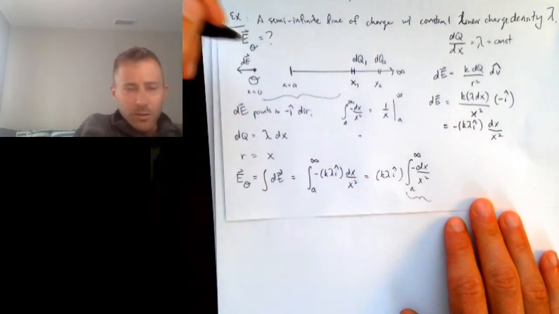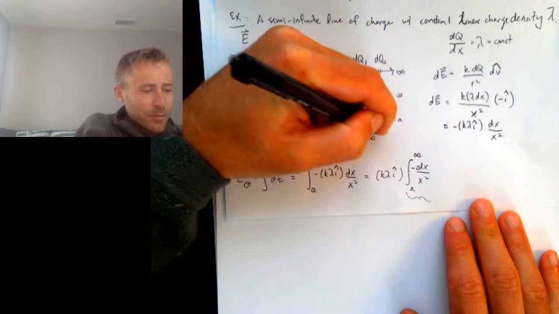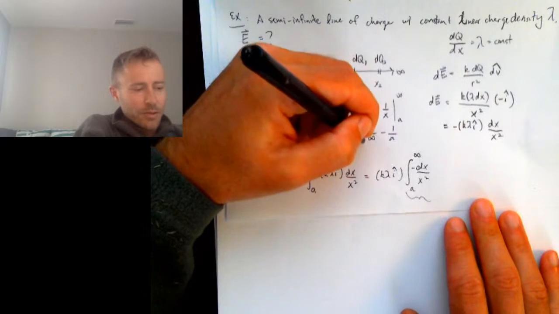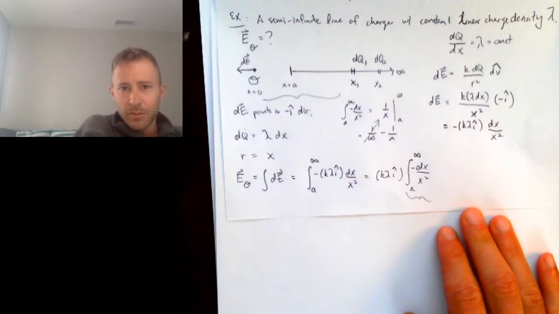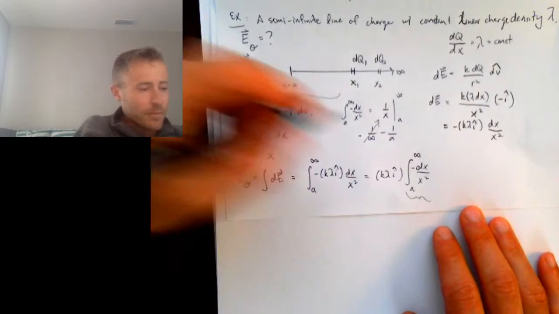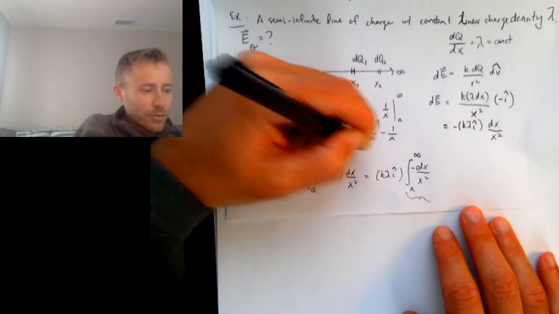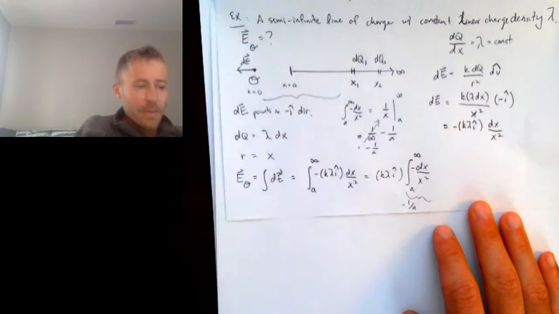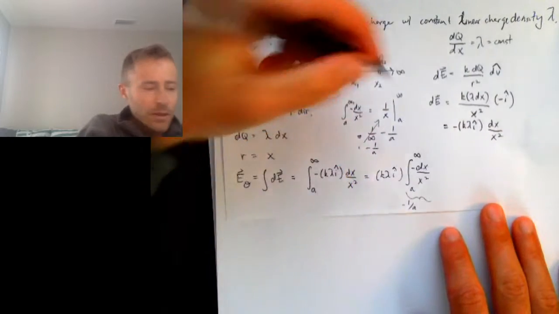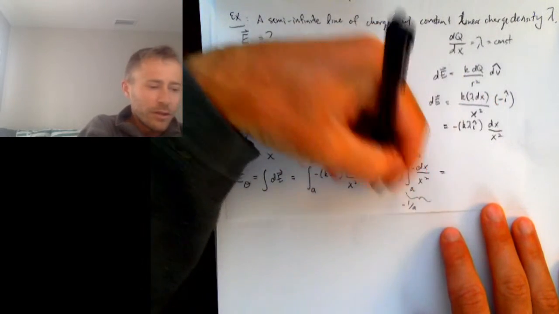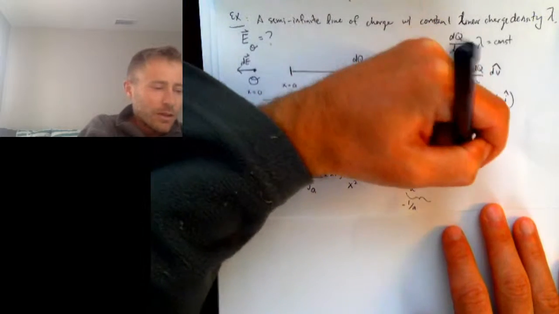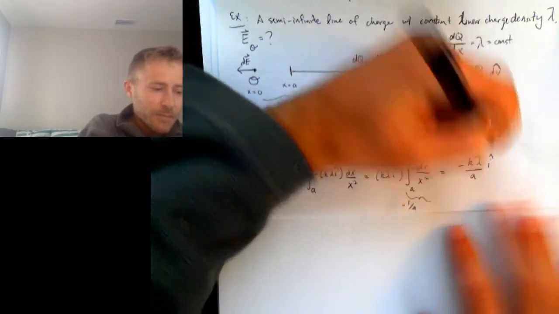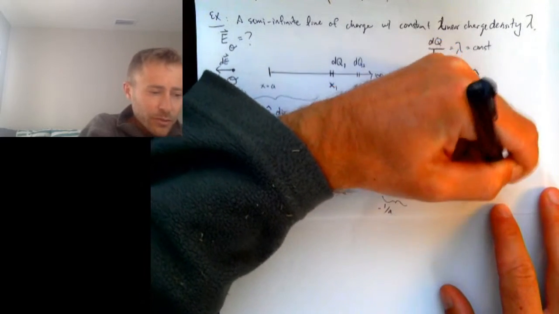So this is going to be equal to 1 over infinity minus 1 over a. 1 over infinity is 0, because if you take a pie and you divide it into an infinite number of slices, no one gets anything. So the value of this integral is negative 1 over a. Okay, so I plug that in here for this integral, and I get minus k lambda over a times i hat, which is the electric field at the origin in this case.